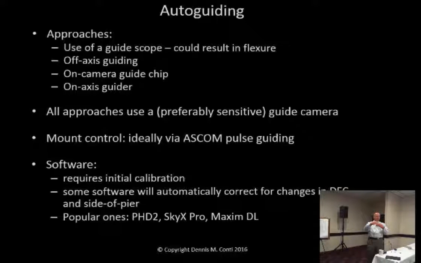When I can't compensate enough, if the star really starts wandering past, then I do need to send the traditional pulse to change the guiding in the mount. So they all do work together. Think of the active optics as the first line of defense, and then if that doesn't work, the traditional pulse to send the mount a correction.